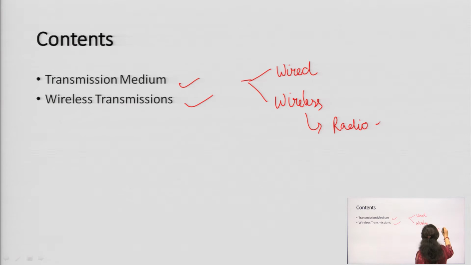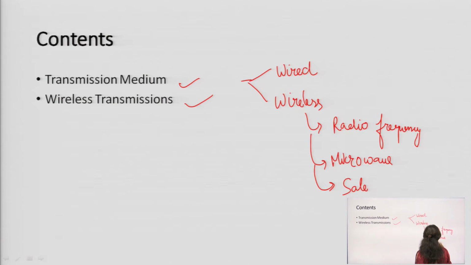ranges are used, like radio frequency, microwave frequency. In the microwave frequency range, if you are transmitting the information, these are the cases of the satellite link.